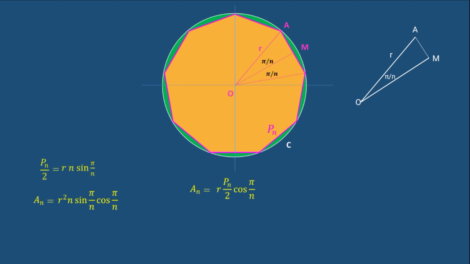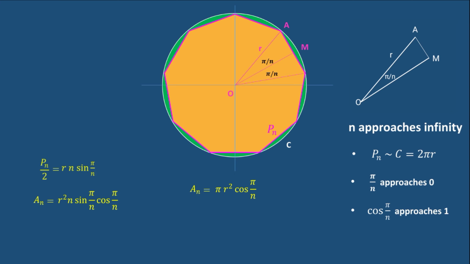To do this, we will increase the number of its sides, meaning n approaches infinity. The perimeter Pn of the polygon will be equal to the circumference of the circle. Now, in place of Pn, we will put 2 pi r. Secondly, if n is approaching infinity, then pi upon n will approach 0. This means the cosine of pi upon n will be 1.